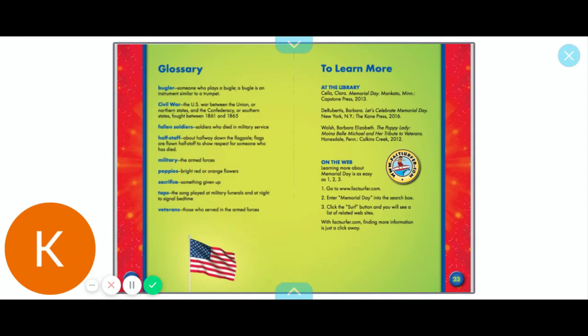And if you've ever been to the ceremony that they have at Huckleberry Hill, where veterans come in to speak about their time that they have served, I believe that they play taps at that ceremony. And the last word is veterans, those who served in the armed forces.